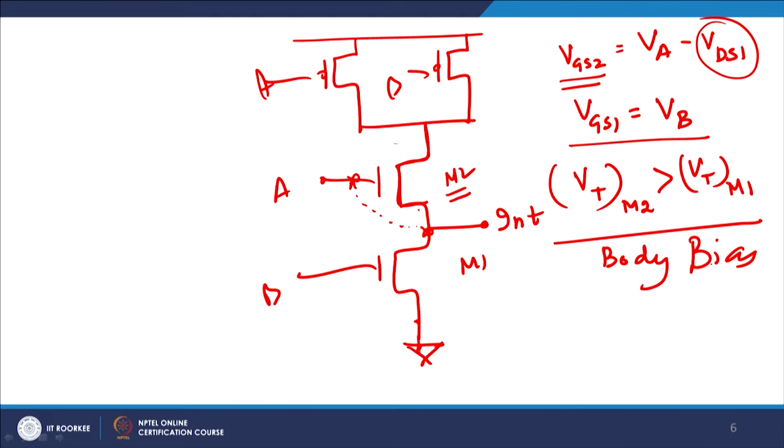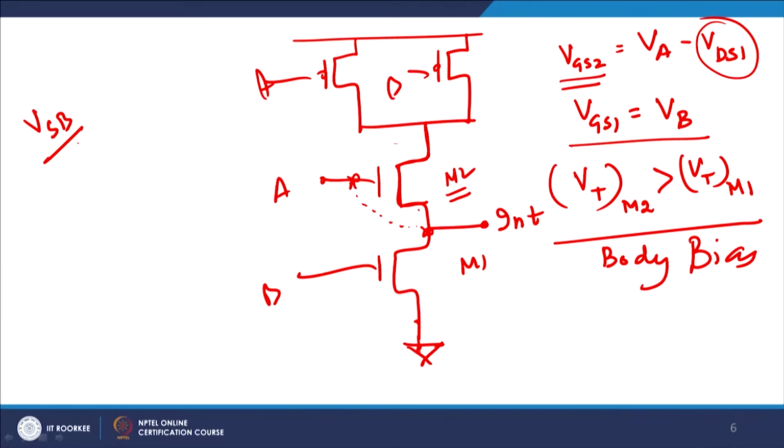But remember, body bias was VSB, source to bulk. So, if your source voltage is varying, your source to bulk will also vary, and therefore VTN1 can be written as VTN0.